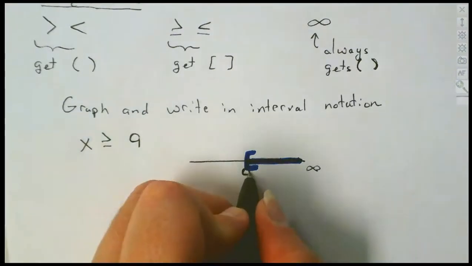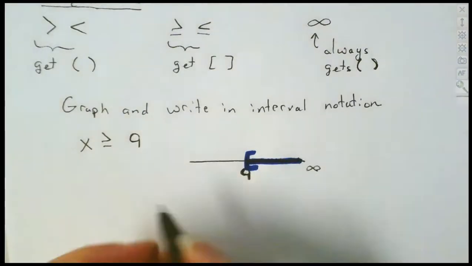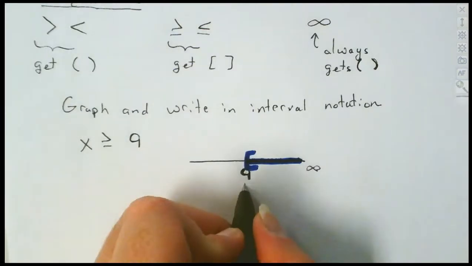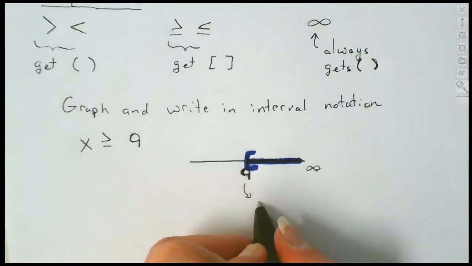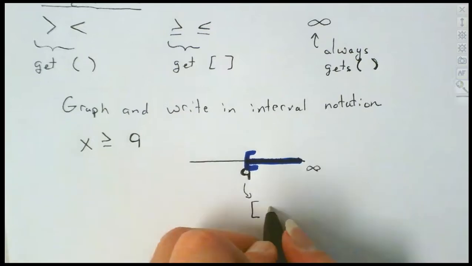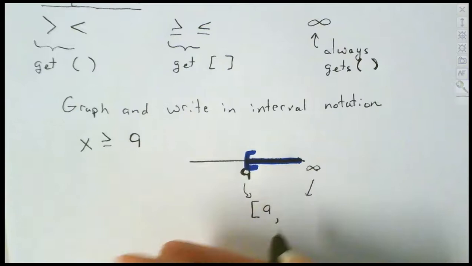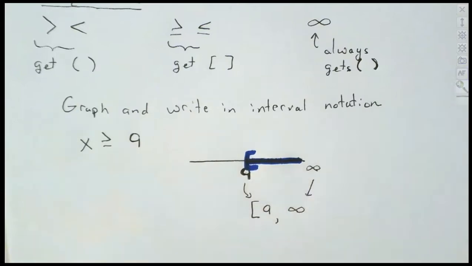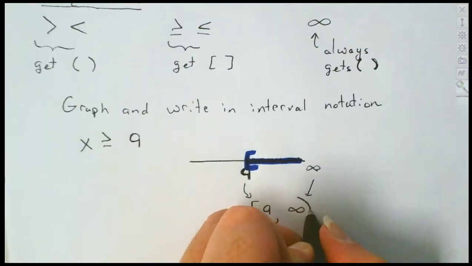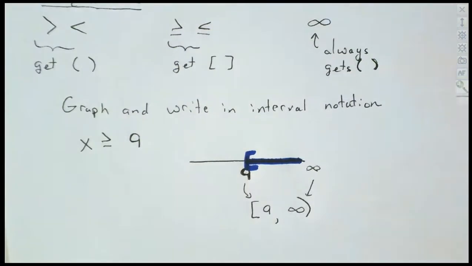Well, in interval notation, it comes off the number line in the same order: square bracket, 9, comma, where does it go to? Positive infinity, and infinity always gets parentheses.